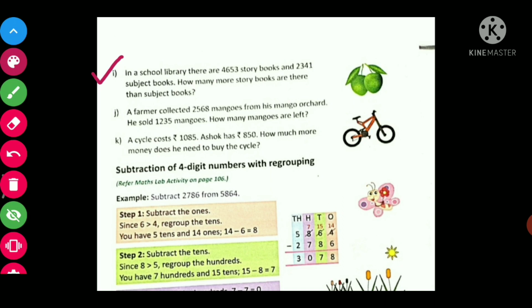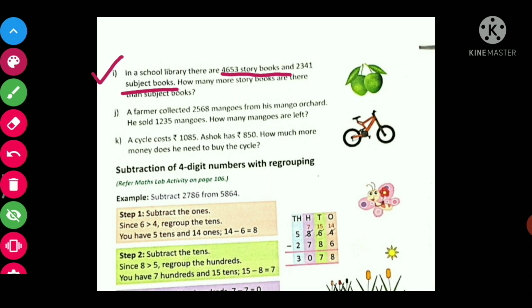How many more storybooks are there than subject books? So in this question it is given that this much of storybooks are there and this much of subject books are there. Here it asks how many more storybooks are there than subject books.